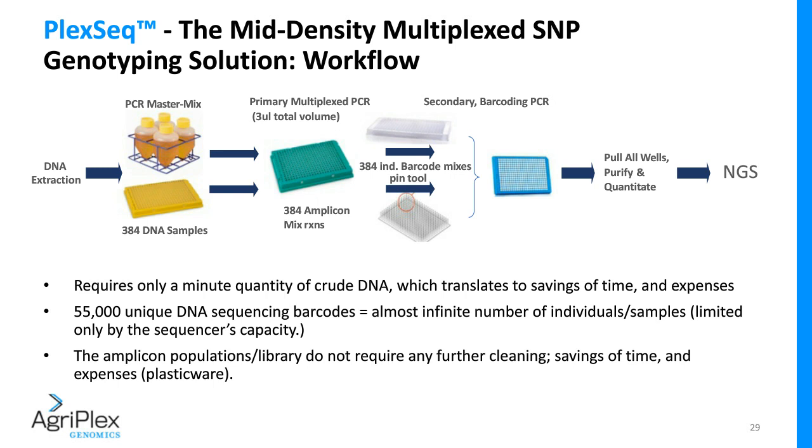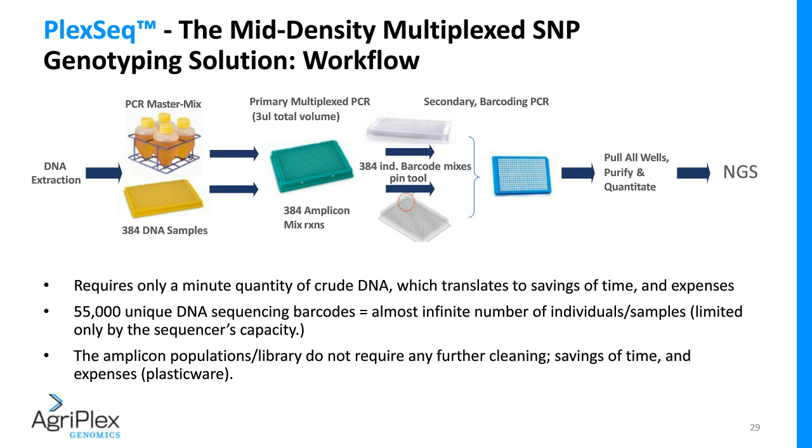PCR reaction. The amplicons of the primary PCR become the templates of the secondary PCR, the barcoding PCR amplifications, where the amplicons each get unique tails that will enable their sequencing downstream. Agriplex has a collection of 55,000 unique DNA sequencing indexes, allowing the simultaneous sequencing of a practically infinitely large number of individuals.